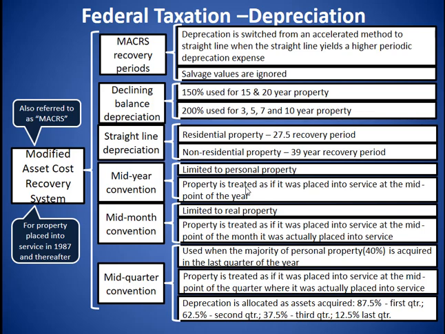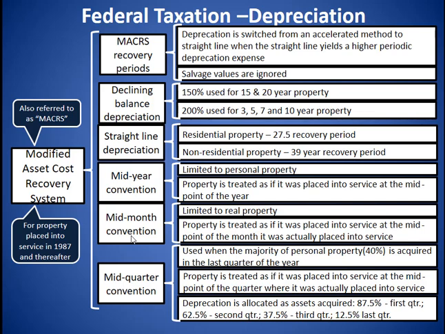So anytime you place property such as that into service, it's depreciated as if it was placed into service at the midpoint of the year. Also, mid-month convention is basically limited to real property. In that case, a property is treated as if it was placed into service at the midpoint of the month it was actually placed into service.